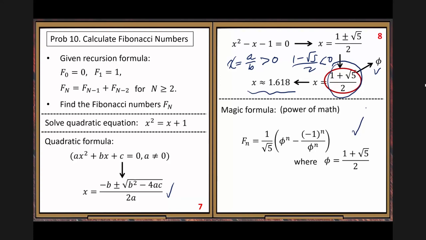Why does this special expression give us Fibonacci numbers, all Fibonacci numbers? We want to see it.